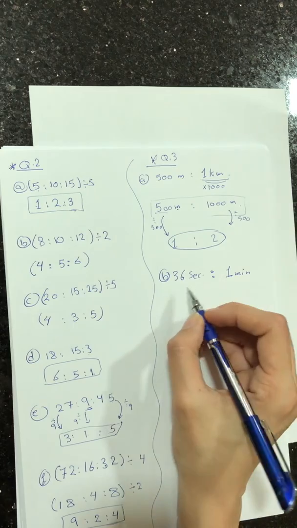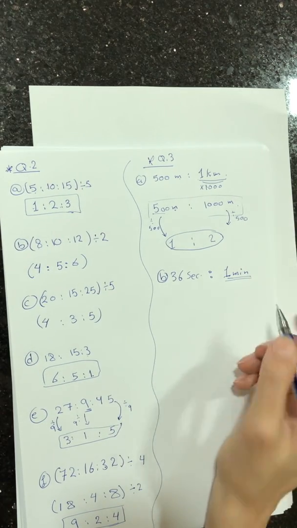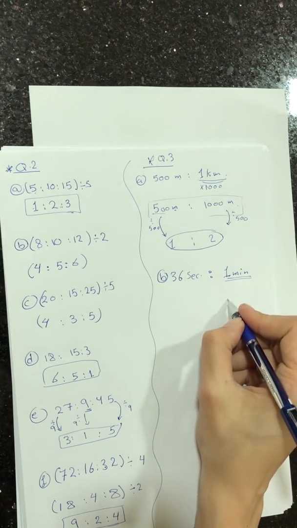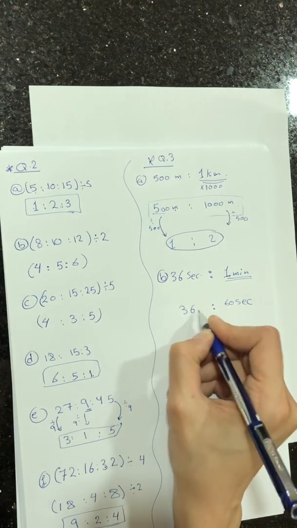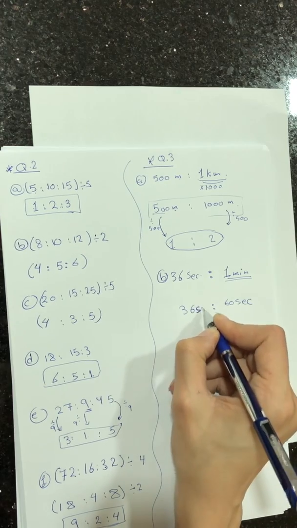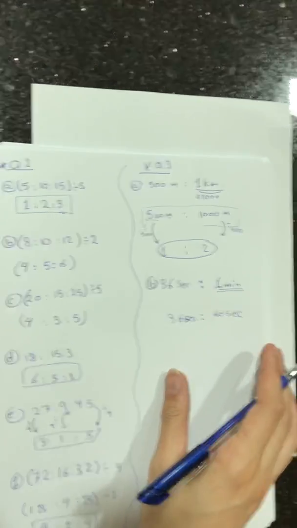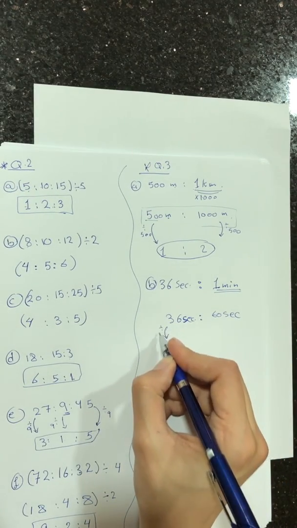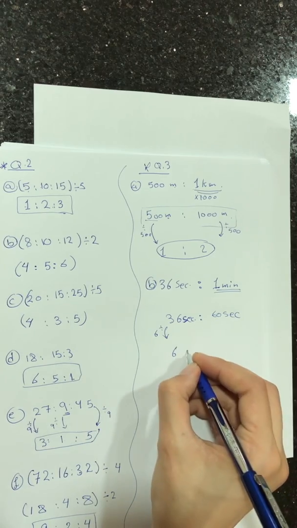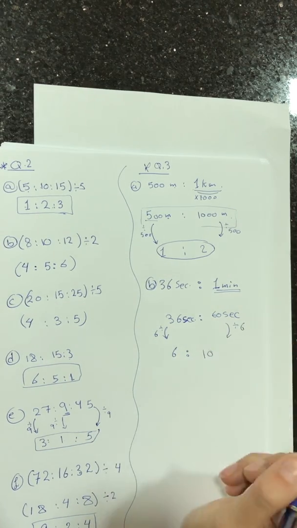Now you can see here the 1 minute, how many can be converted to seconds. 1 minute equals 60 seconds. And I already have these 36 seconds. Now this is the new ratio, which is 36 to 60. You can say 36 divided by 6, you'll get 6, and 60 divided by 6, you'll get 10.